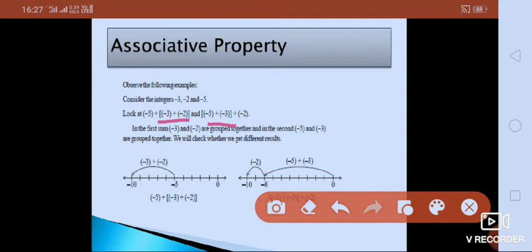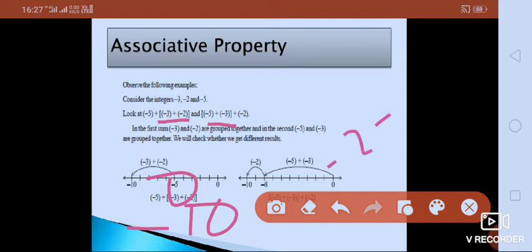Let us check using the number line. Minus 3 plus minus 2 results in minus 5. Next, minus 5 plus minus 5 results in minus 10. Next one, first group minus 5 and minus 3, which becomes minus 8.